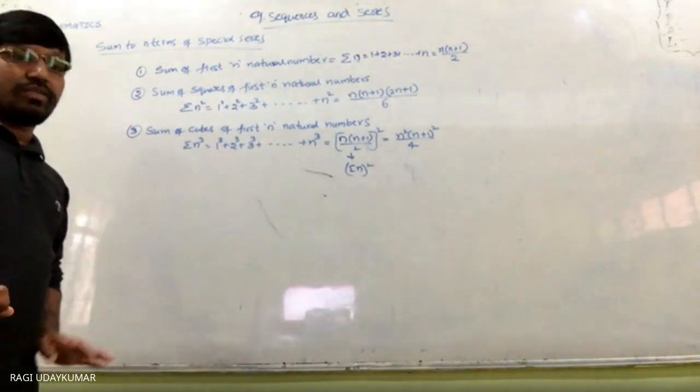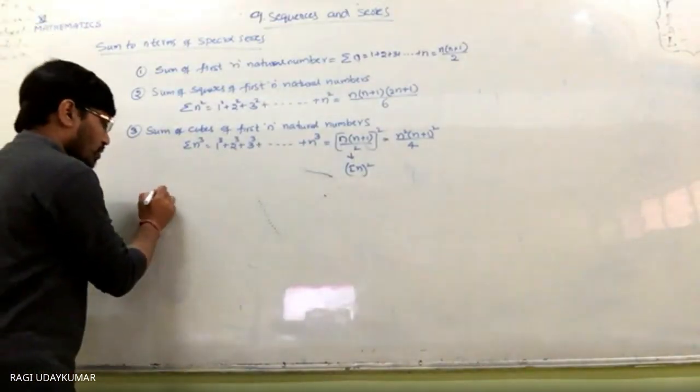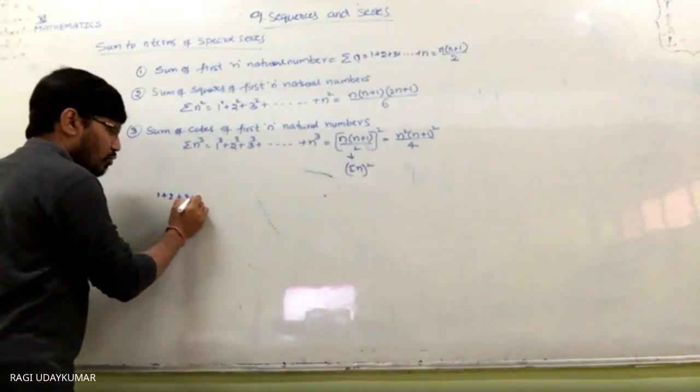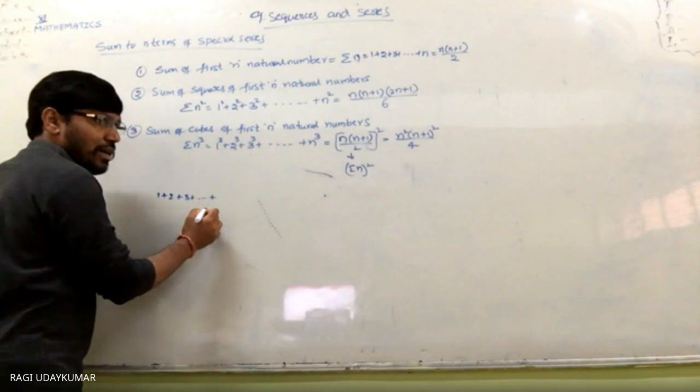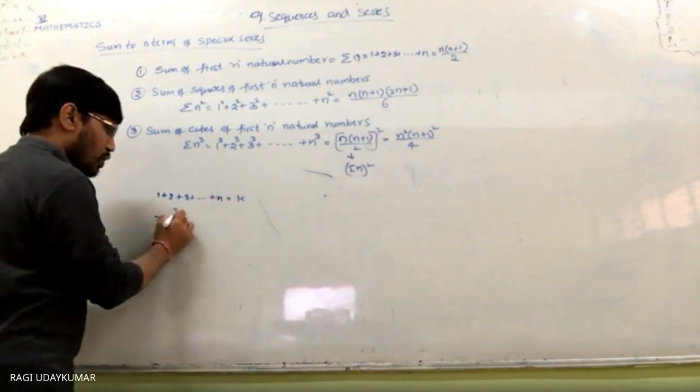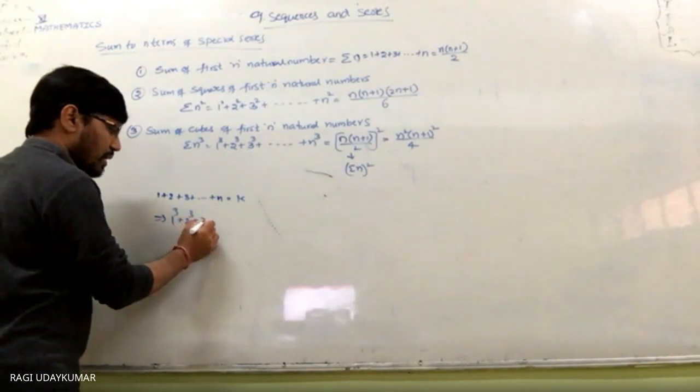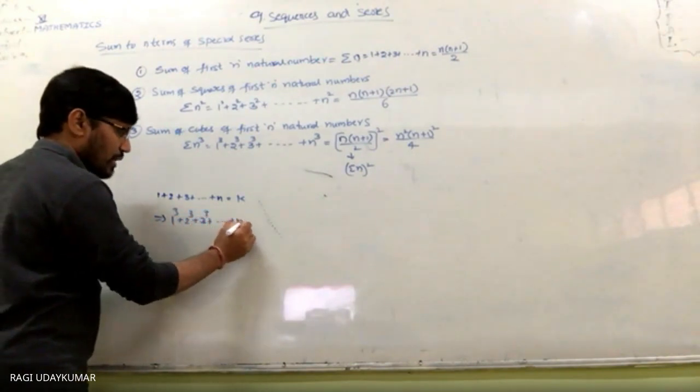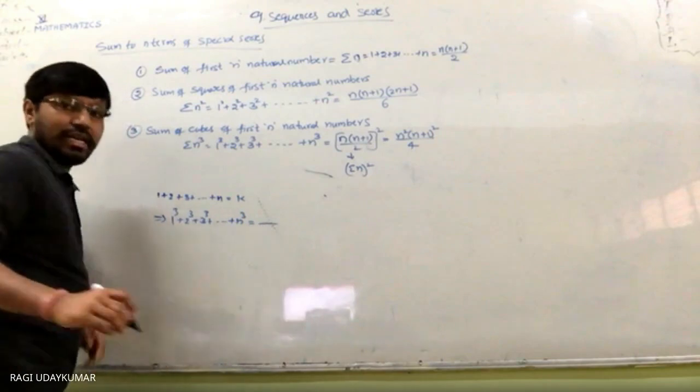Most of the students will get confused. Based on this, one question can be framed. 1 plus 2 plus 3 and so on till n is equal to k. Then 1 cube plus 2 cube plus 3 cube and so on n cube is equal to what?